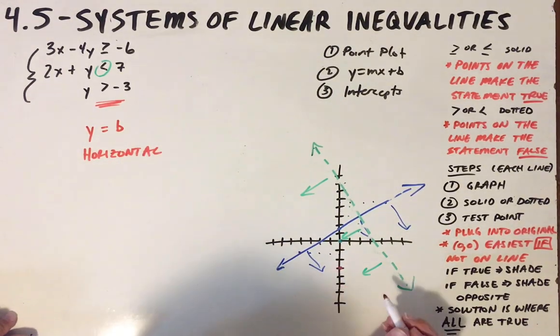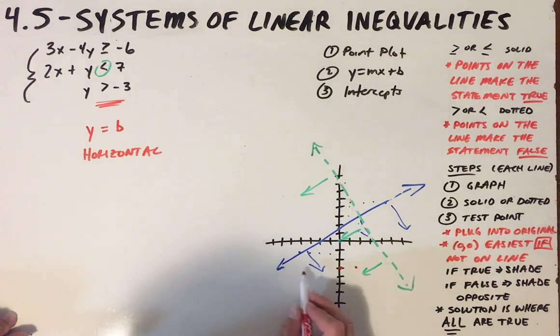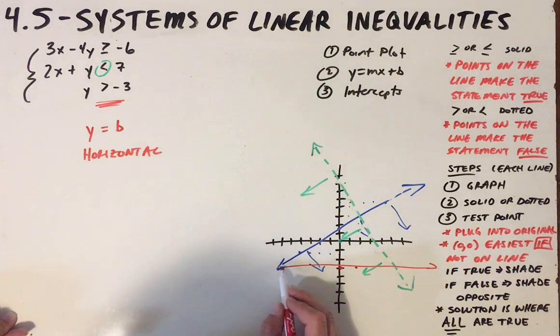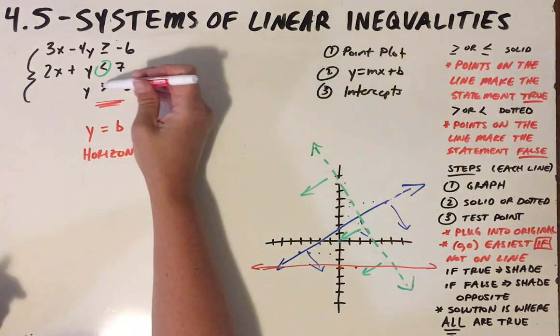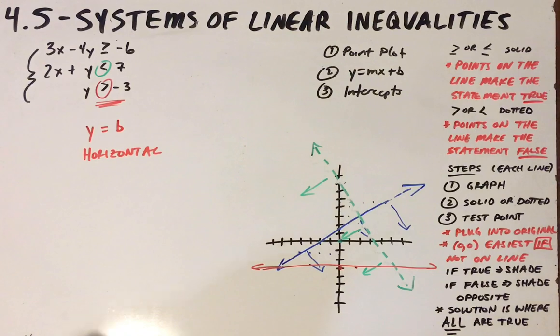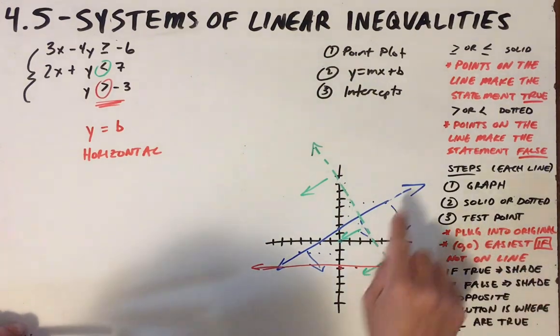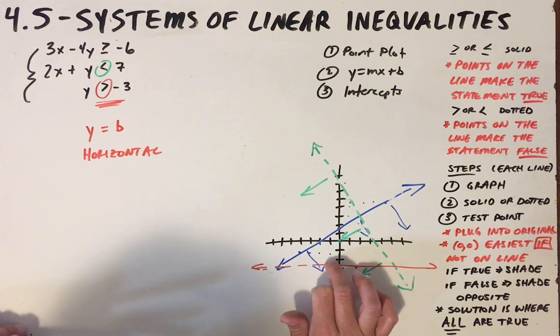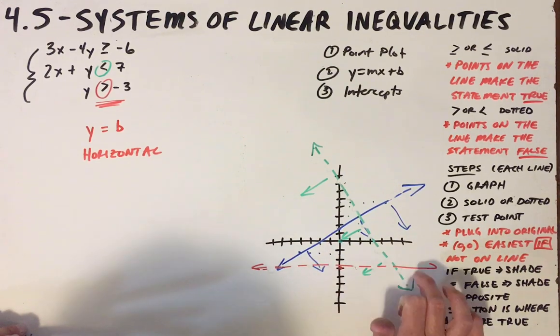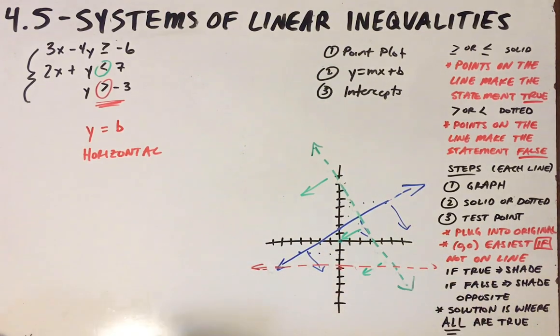Well, it's -3 right here, it's -3 right here, it's -3 all along here. Okay, so this is my y is -3 line. But this sign here says that points on this line are not included in this solution. Okay, so I've got to make this line dotted. So there we go, we have a dotted red line.